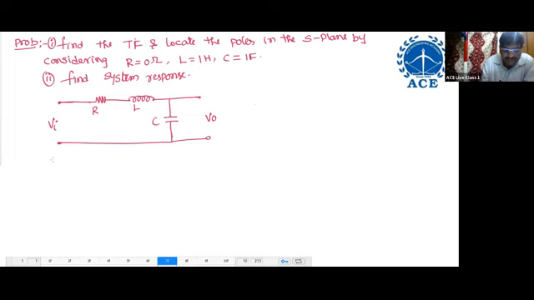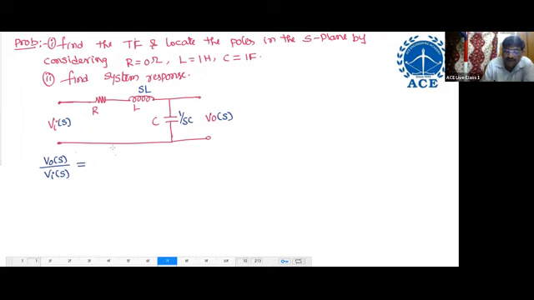So now find the transfer function. What is the transfer function? V naught of S by VI of S equals, first apply the Laplace transform. VI means VI of S, V naught means V naught of S. Laplace of capacitor is 1 by SC, Laplace of inductor is SL.